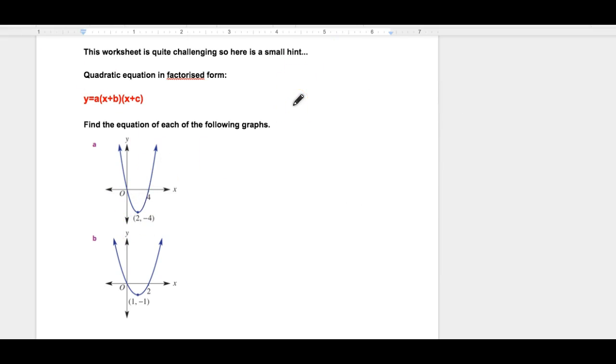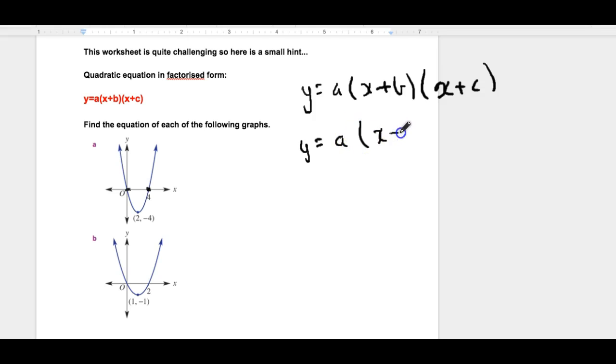Now, your other form, in factorized form, let's write the equation. Whoops, x plus c. Now, these factors help us decide on what our x-intercepts are. So here's our x-intercept. We already know that's 0, 0 and that's 4, 0. So the first one is going to be x plus 0.